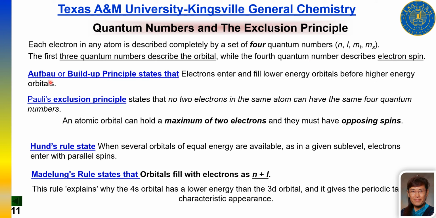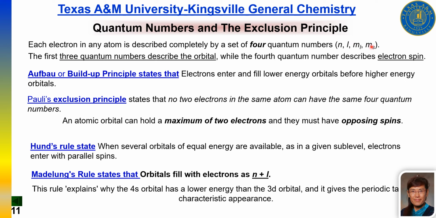The first rule is called the Aufbau build-up principle. This Aufbau build-up principle states that the electrons enter and fill in the lower orbital first, and then enter the higher energy orbitals. And then your Pauli exclusion principle, second principle, states that no 2 electrons in the same orbital can have the same 4 quantum numbers.